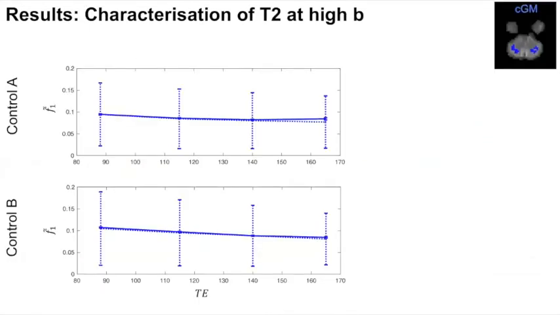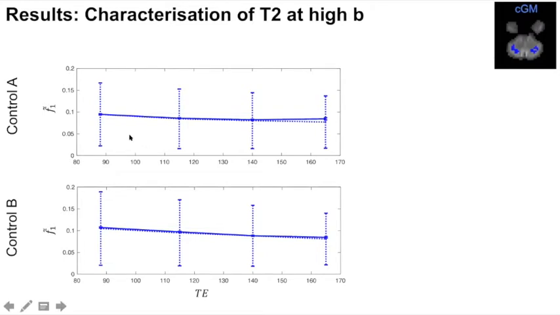We also looked a little bit in the cerebellar gray matter at the T2 of this compartment. So our echo time was relatively short, and we could also measure at longer echo times where we left the timings of the waveforms intact. So we just delay the readout.